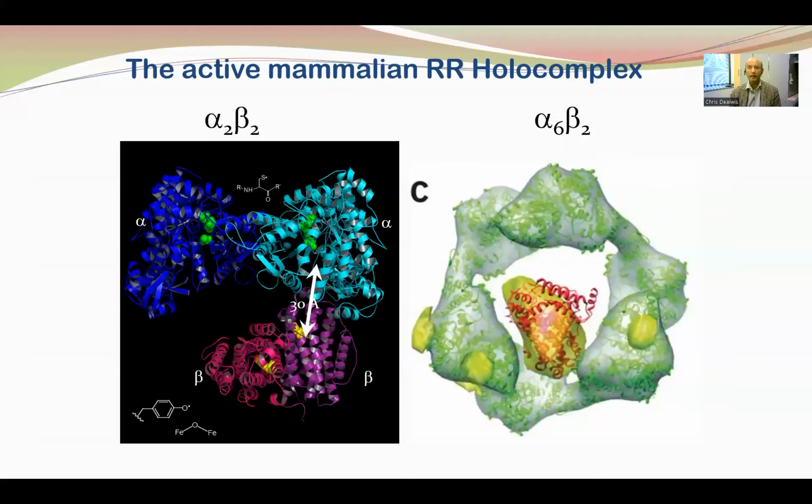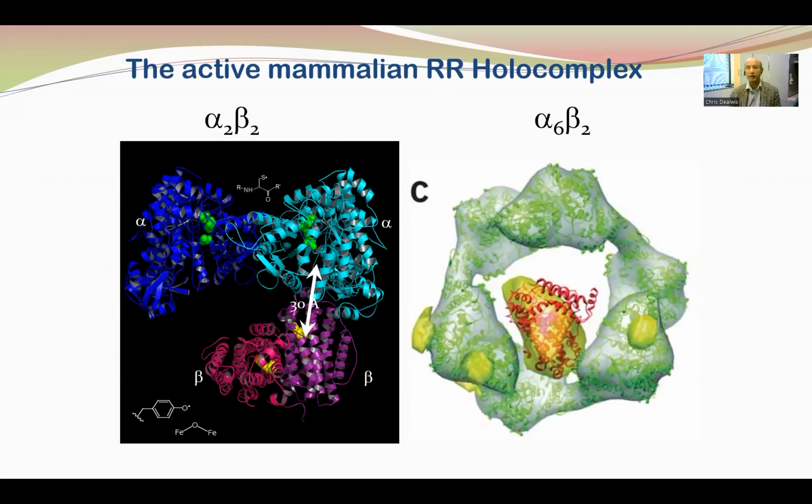Now, RNR involves 2 subunits. There is a catalytic subunit called alpha, and then there is a beta subunit that is housing a free radical that needs to be transferred to the catalytic subunit to start the reaction.